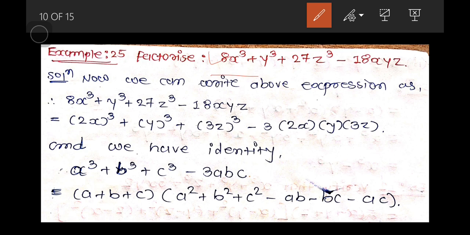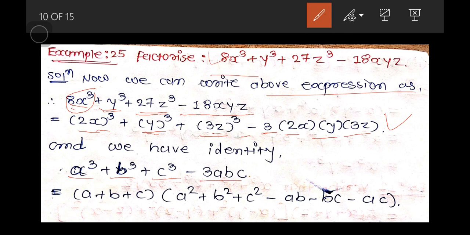First we have to write this expression in the form. Now we can write the above expression as 8x cube plus y cube plus 27z cube minus 18xyz. Here 8x cube is (2x) whole cube, y cube we can write as y cube, 27z cube we can write as (3z) cube, minus 3 multiplied by x, y and z, that is 2x into y into 3z. So this expression is similar to the identity a cube plus b cube plus c cube minus 3abc.